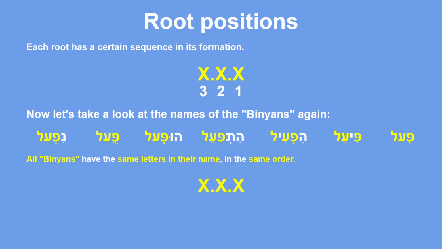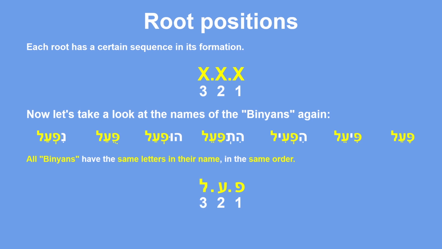So let's take a look at the root template again. The letter that always comes first in each binyan, and that always will appear there, is the letter Pei. The second one in order that will appear in every binyan is the letter Ain. And the third and last one that will always appear in all names of the binyanim is the letter Lamed.